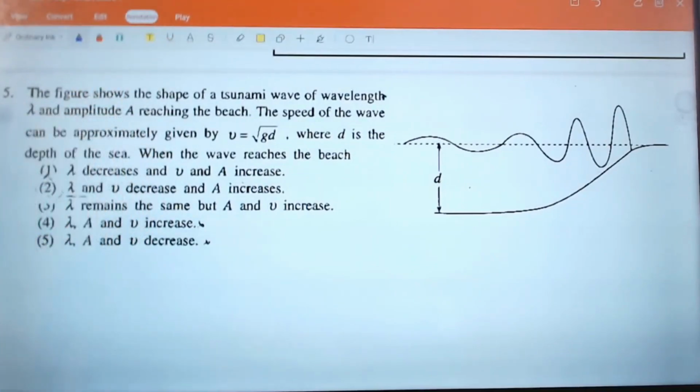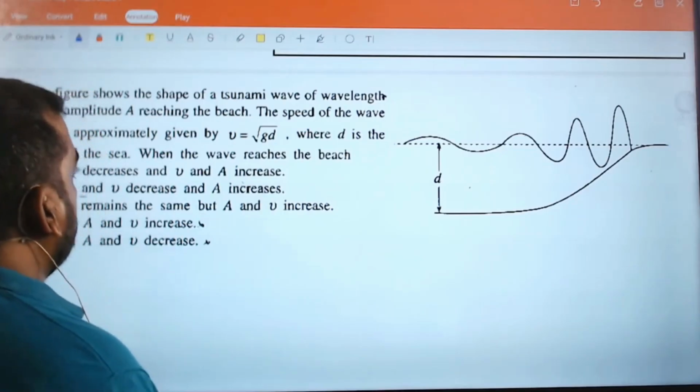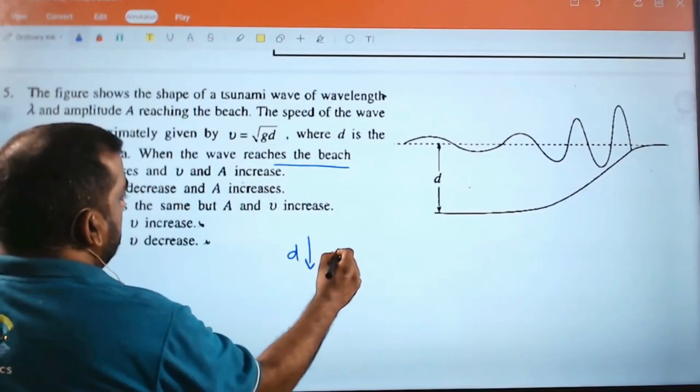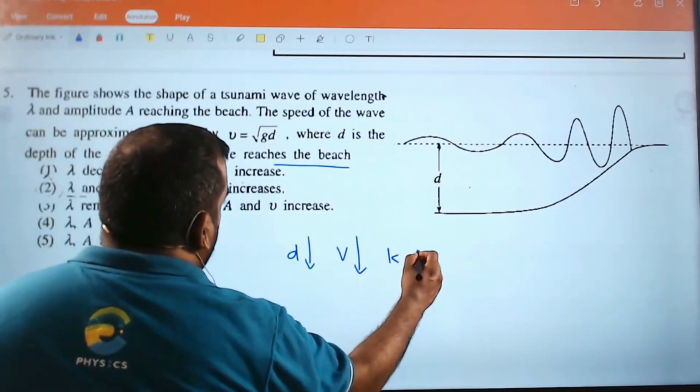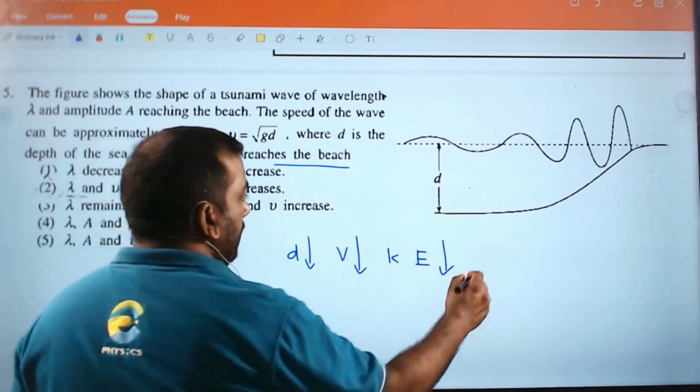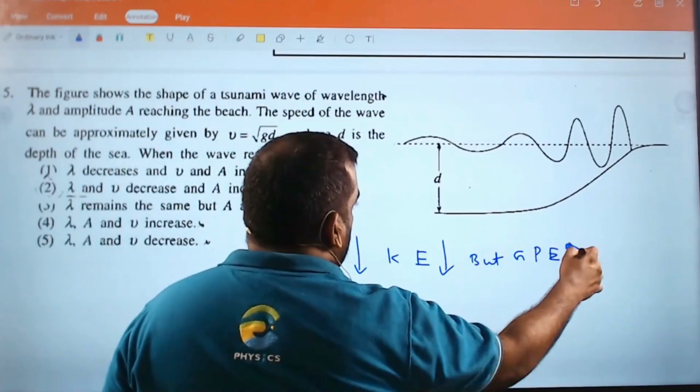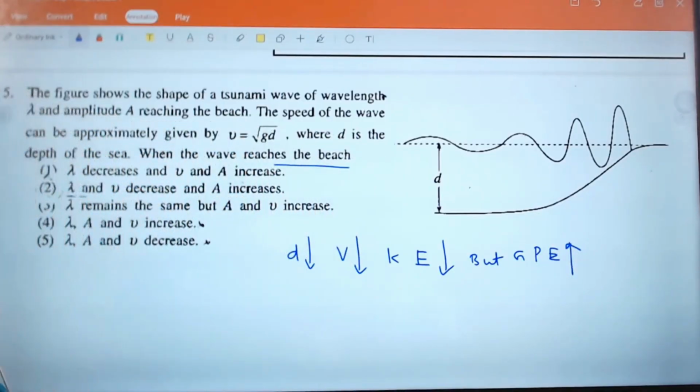MCQ 5. The figure shows the shape of a tsunami wave of wavelength lambda and amplitude A. The speed of the wave can be approximately given by V equals square root gD, where D is the depth. When the wave reaches the beach, depth reduces, velocity reduces, kinetic energy reduces, but gravitational potential energy will increase. Gravitational potential energy increases means height will increase.